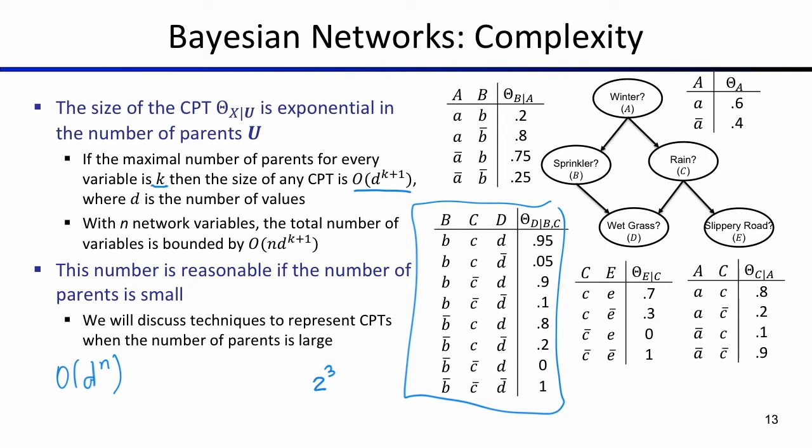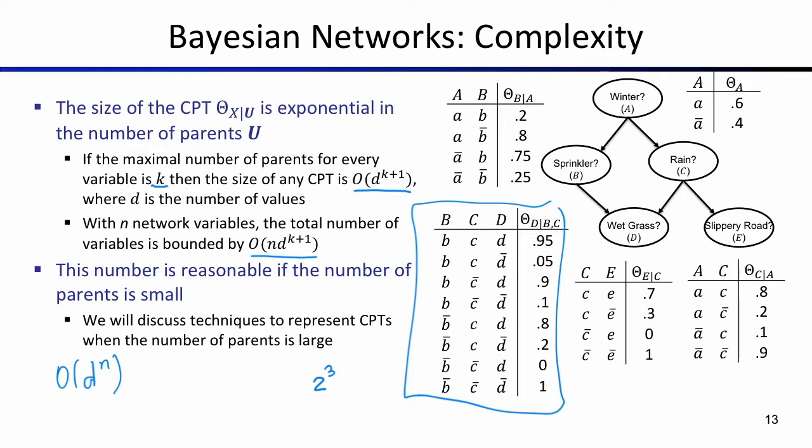The good news is that with the factorization of the Bayesian network, the size of the network will be bounded by this quantity here. And it's very simple to understand. We consider the largest CPT, and this largest CPT has k parents.